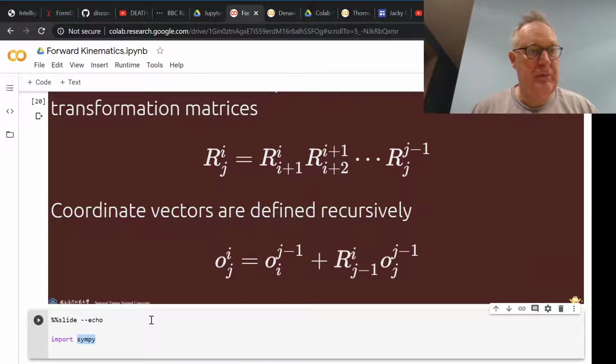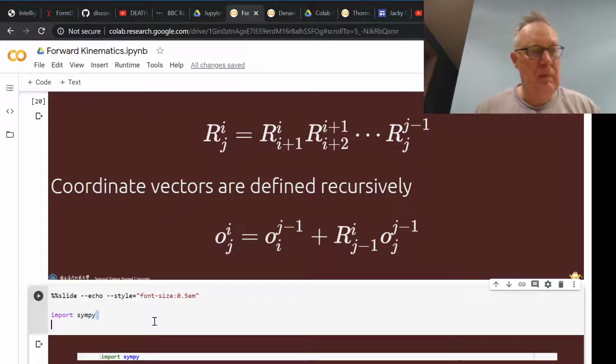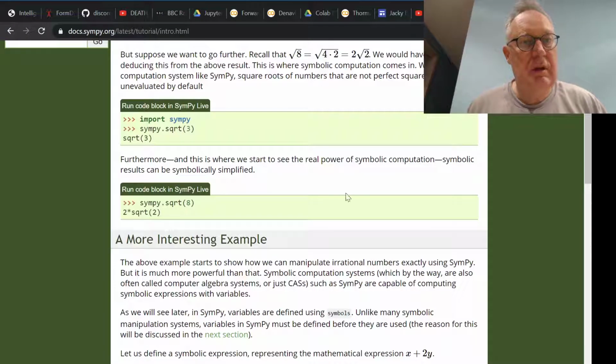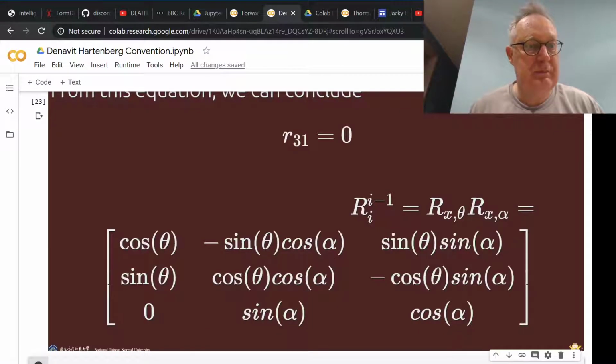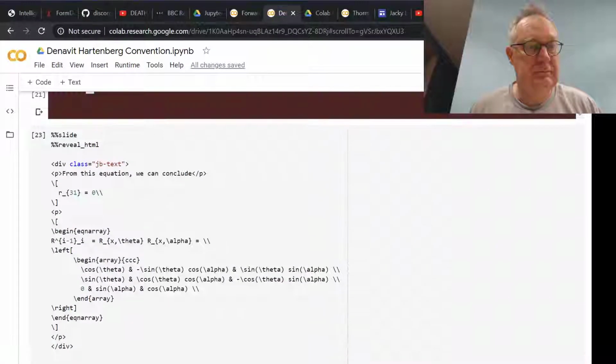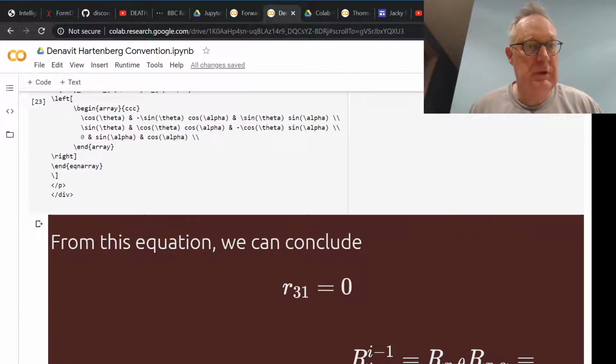So this is a SymPy package that I was talking about. Now let me remind myself how we define variables. So that would be theta, right.